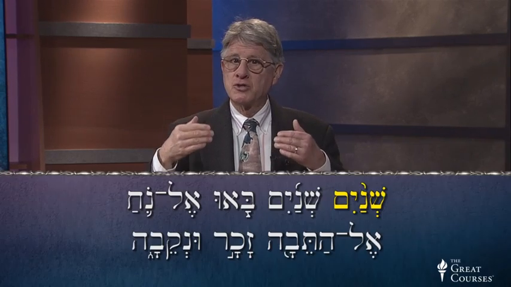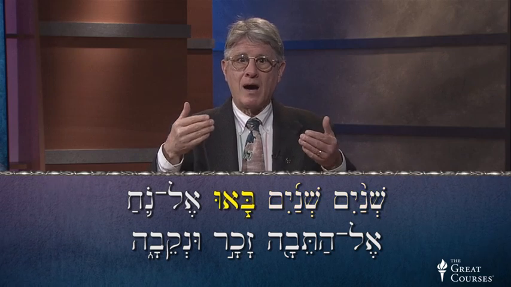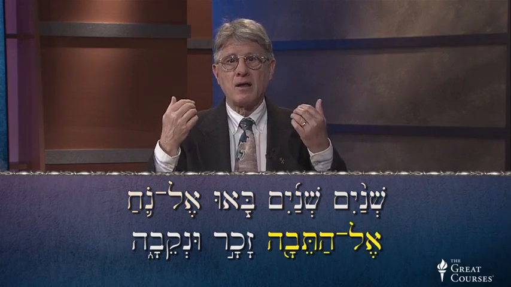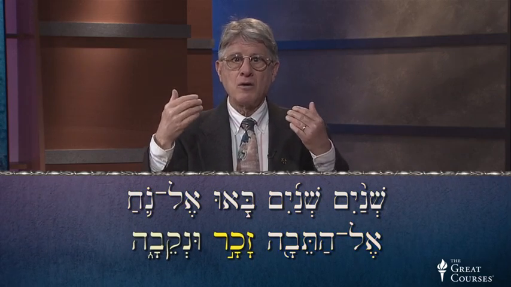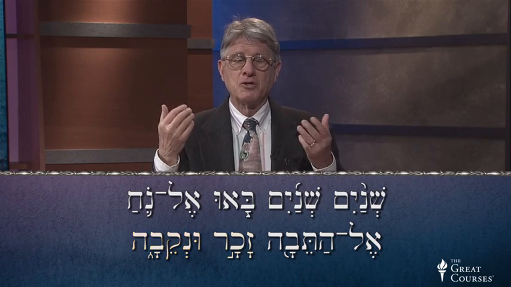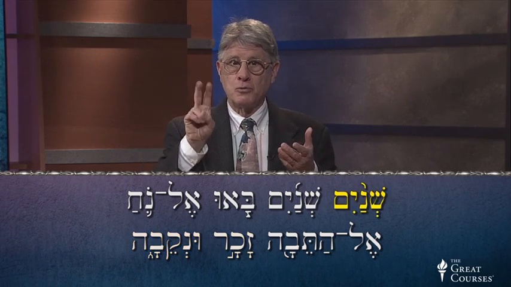Let's look at one more perfect verb from a hollow root as a reminder. How about this one from Genesis 7:9 in the flood story? Shnaim shnaim ba'u el Noach el hateva, zachar unekeva. Shnaim means two.